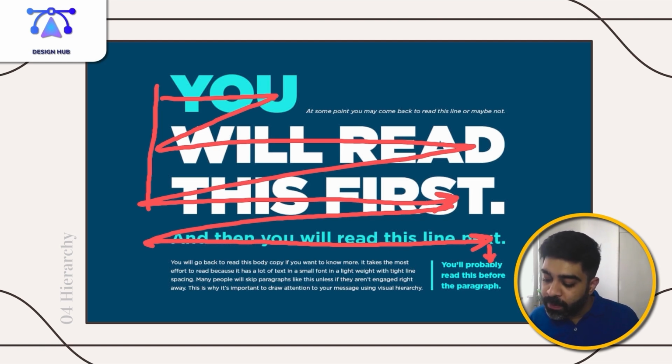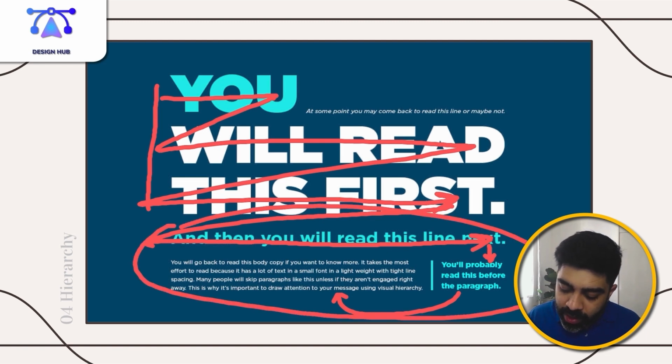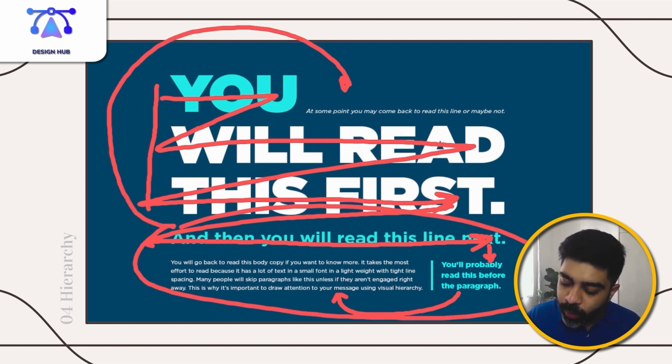You'll probably read this before the paragraph, and you will go back to read the body copy if you want to know more. So this will redirect you over here because there is no other element in close proximity which is of similar size. Once you are done with all of these and there is nothing remaining for you to read in this particular area, that is when your eyes would wander and you would come over here. At some point you may come back to read this line, or maybe not.